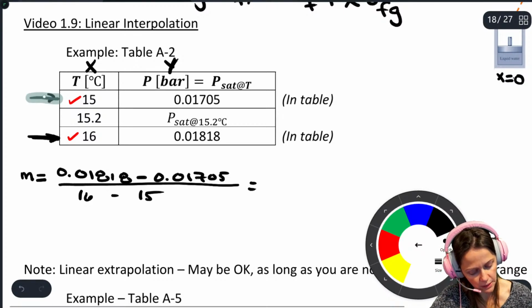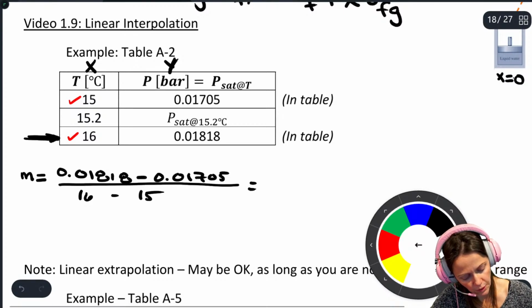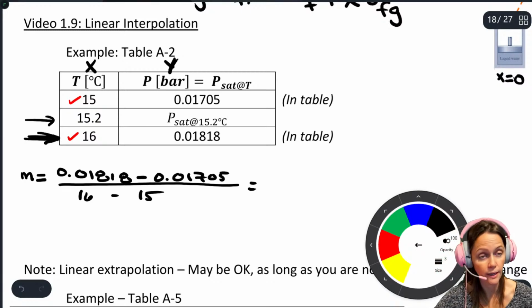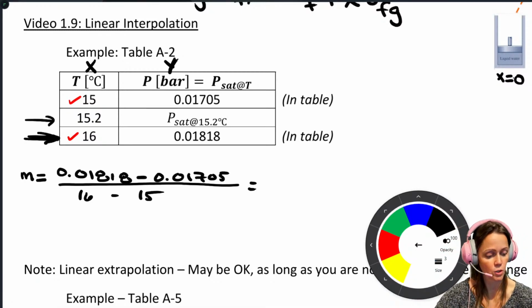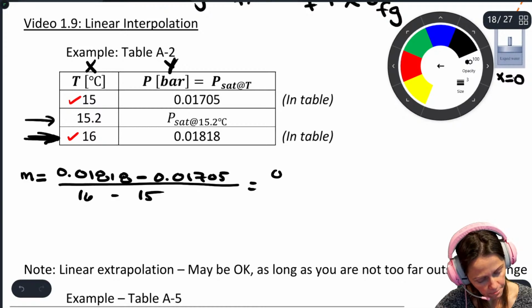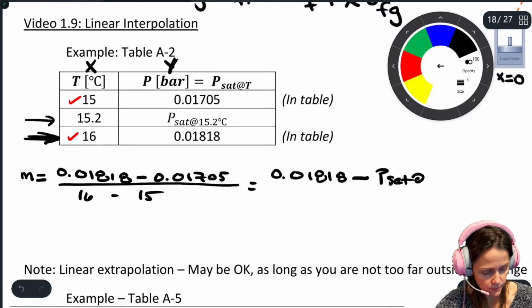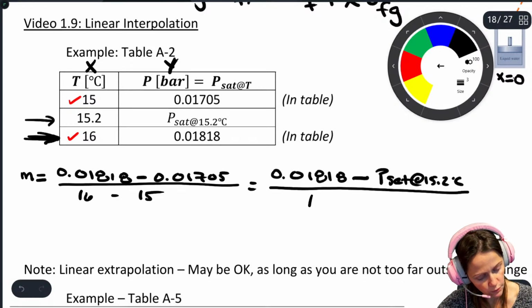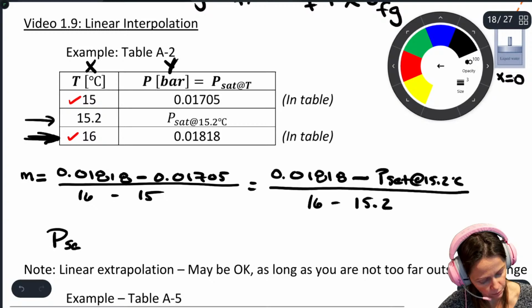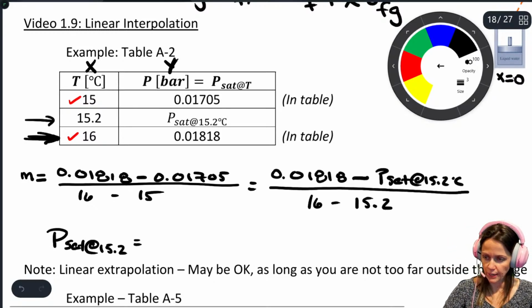That has to be the same as the slope between this one and this one, again working from the bottom to the top: 0.01818 minus Psat at 15.2 degrees Celsius over 16 minus 15.2. Now you're just solving mathematically for Psat at 15.2.